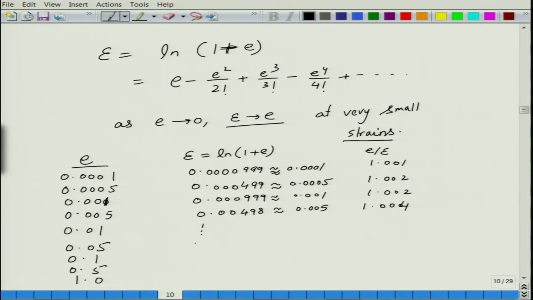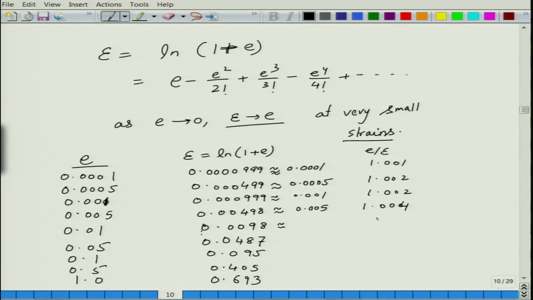When you come to, let us say, 0.01, then the value that you get is 0.0098, and you can again approximate it to 0.01. 0.05 will give you a value of 0.0487, 0.1 will give you a value of 0.095, 0.5 will give you a value of 0.405, and 1 will give you a value of 0.693.